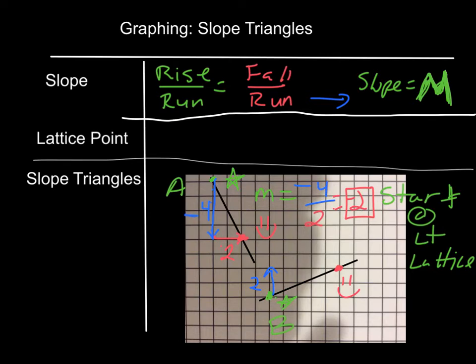So I went up 2, and then I go to the right 1, 2, 3, 4, 5, so I went to the right 5. So for this one, my slope, m, is equal to a rise of 2 and a run of 5. And there's no simplifying there. It's just 2 over 5.